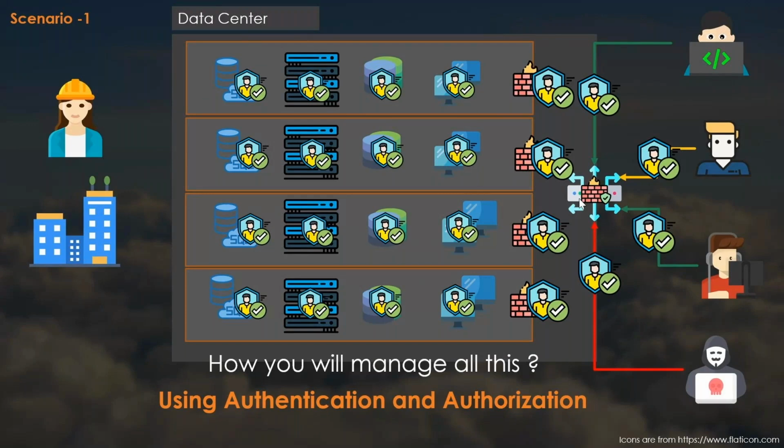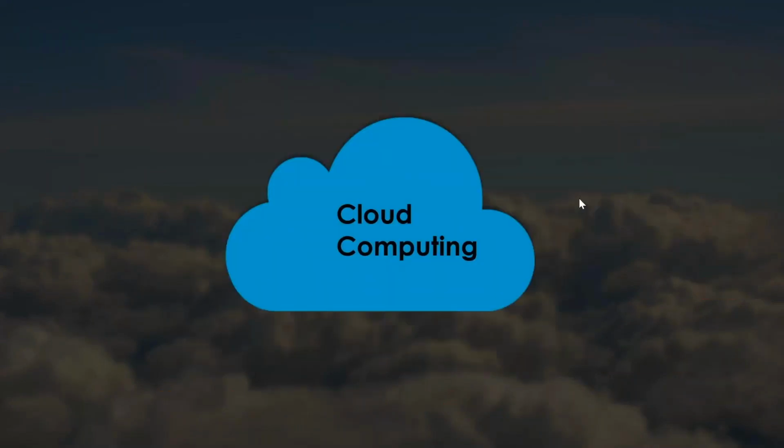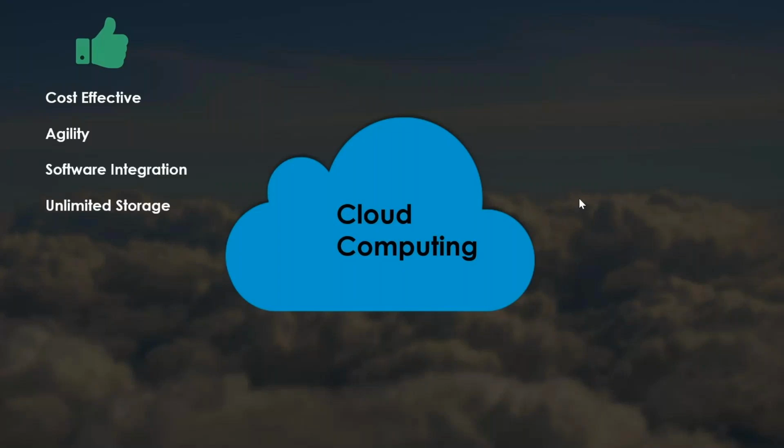Okay. No issues. So again, when we talk about cloud computing, we have seen that it has a lot of benefits. It's very cost effective. It provides agility. It offers software integration with all the services which are online, because it's an online service.